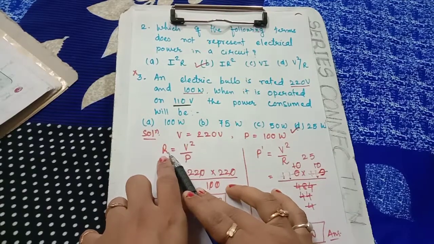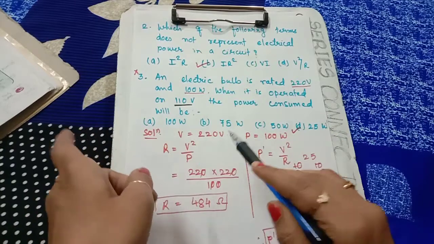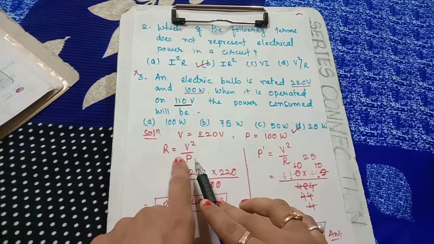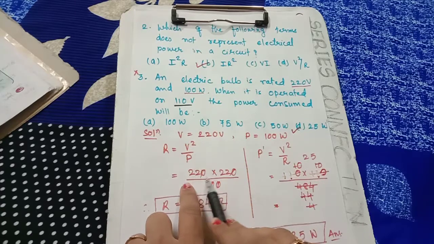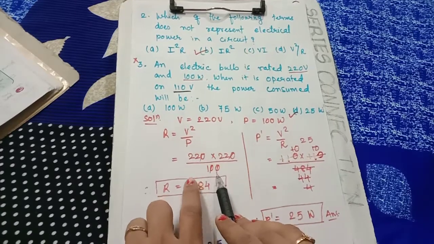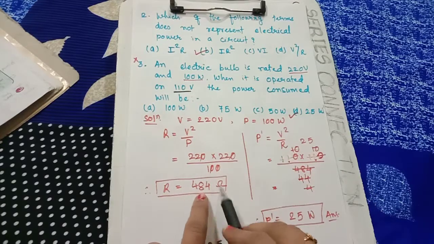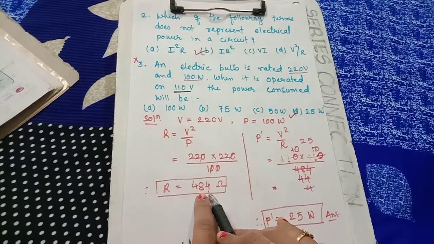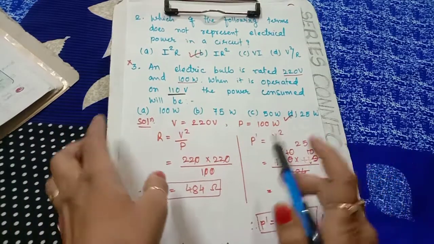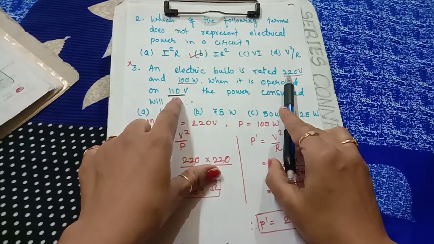Now we have the formula R is equal to V square by P, or from the main formula we get this formula to find out resistance. What is V? 220, and it is squared, so 220 into 220 by 100 watt power. So I'll be getting R is equal to 484. In 22 into 22 I'll be getting 484. Put a block. Now they are asking if it is operated, previously it is operated on 220.